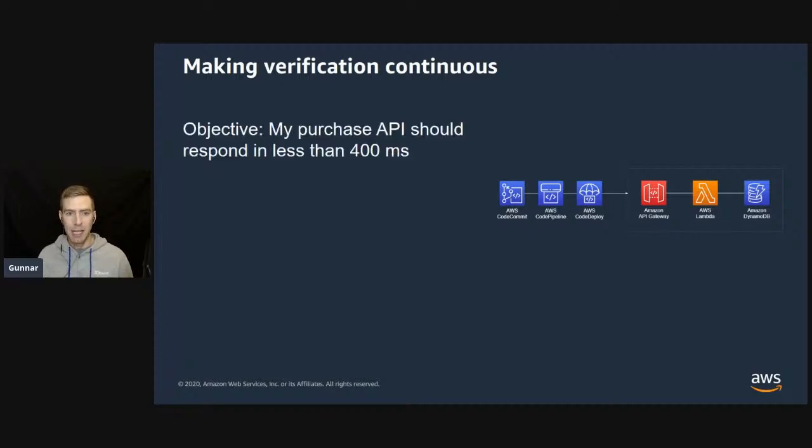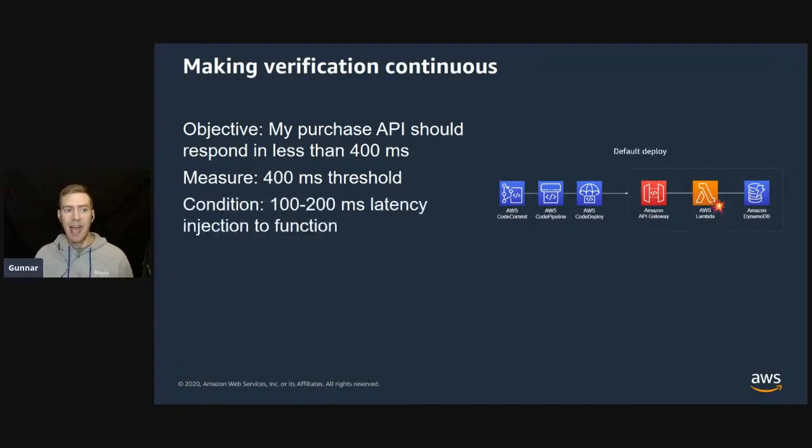We have the same objective. The purchase API should respond in less than 400 milliseconds. We set our 400 millisecond threshold as a measure, and we then add our condition. But instead of doing this as a one-off manual process, we're adding it as a step in our deployment process. So the experiment or the condition is added there.